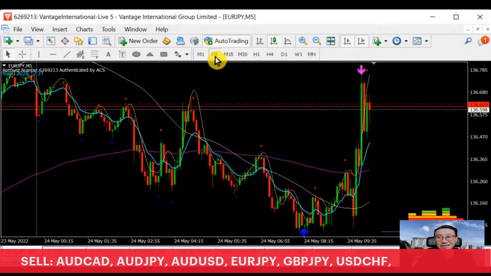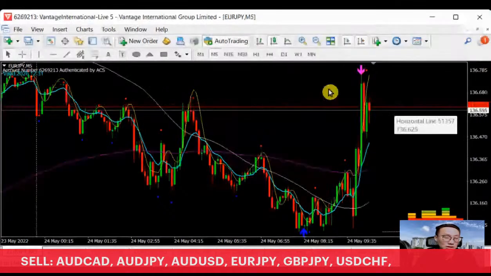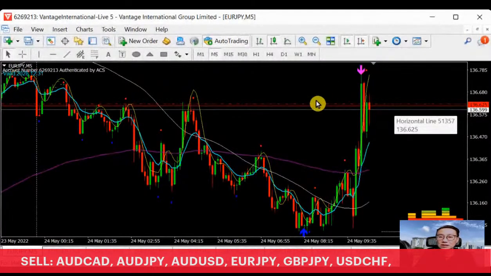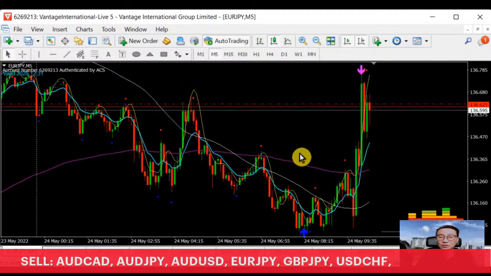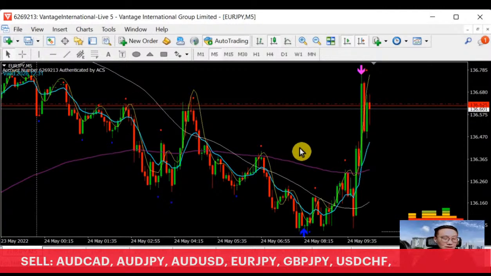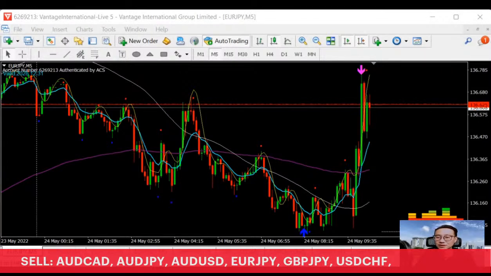It is struggling, just getting into the resistance area. This is the level where I will always monitor. Try to monitor first before we take action. This is usually what I would do.